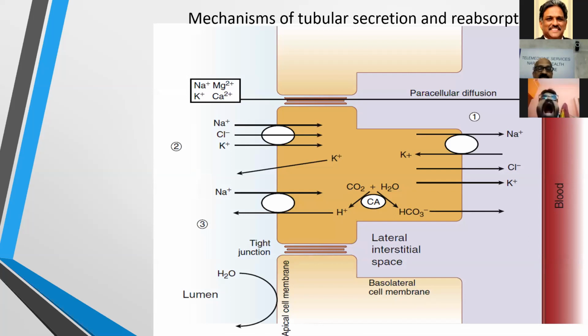In this schematic diagram, this is the tubular lumen, this is the tubular cells, and these cells have two types of membranes. On the lumen of the tubule, we have what is called the apical cell membrane. On the interstitial side, we have the basolateral cell membrane, and this is the interstitium, and this is the blood.